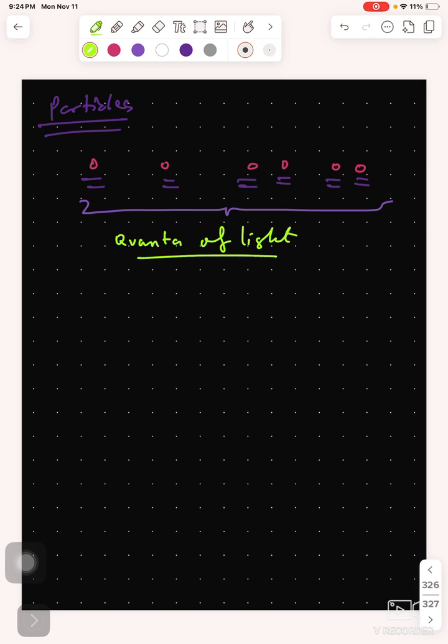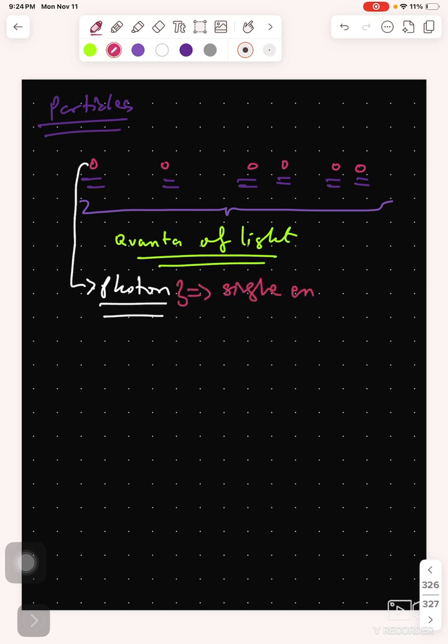What does quanta of light mean? The second name of quanta of light is photon, and it means that light is now acting as a particle, a single entity.